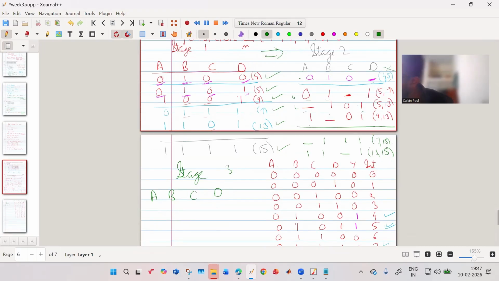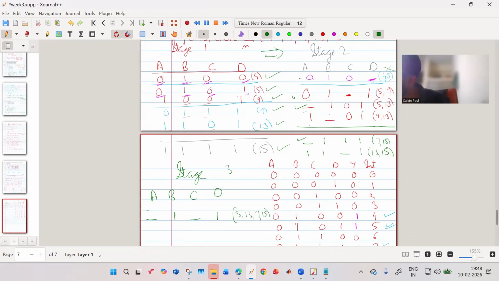I'm talking between this and this. You have underscore 1 and then underscore 1. This is between 5, 13, 7, and 15.